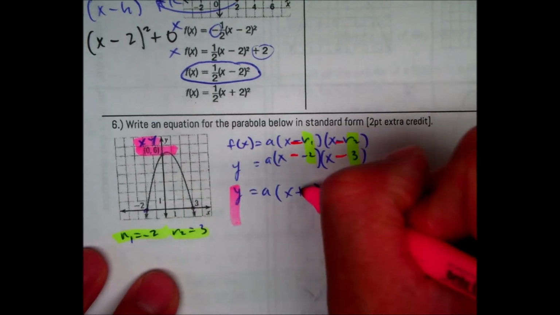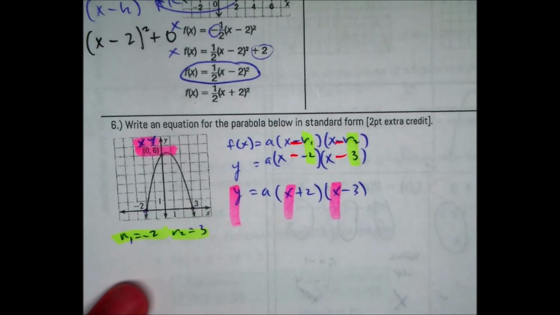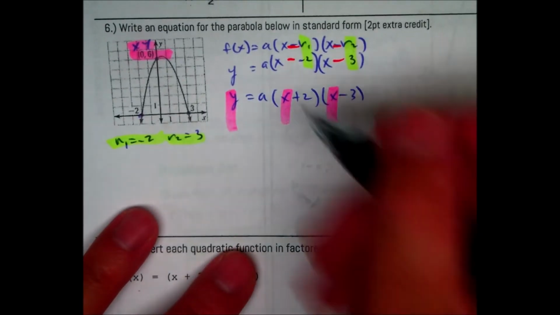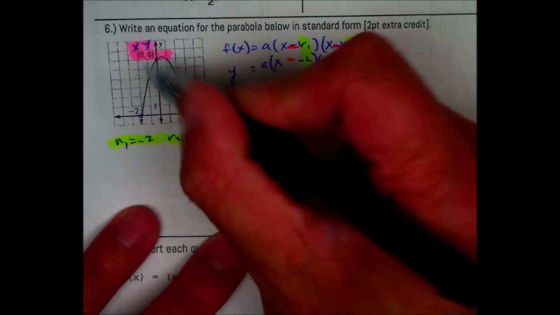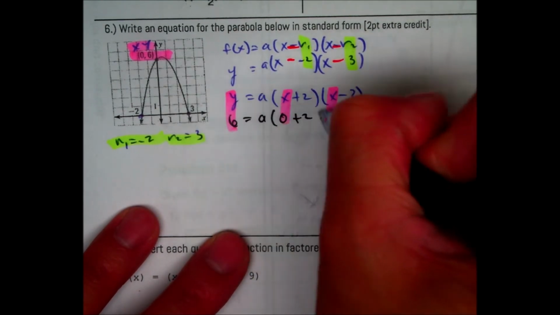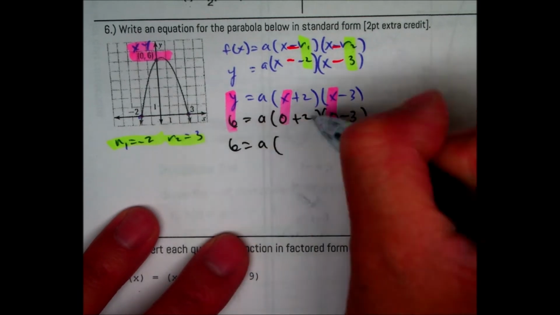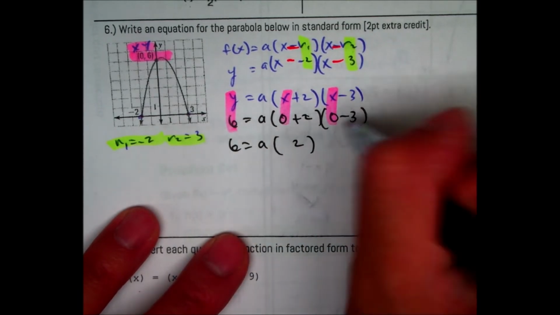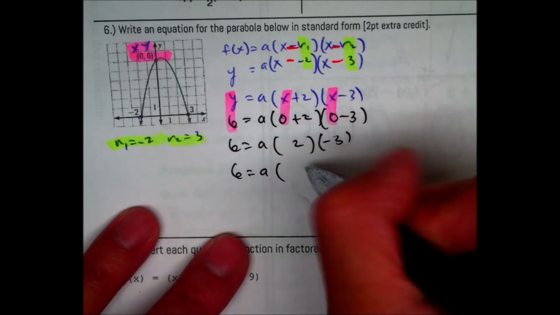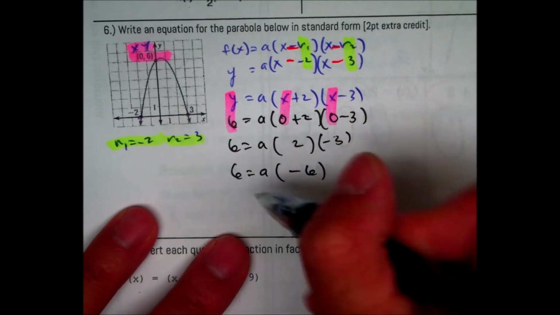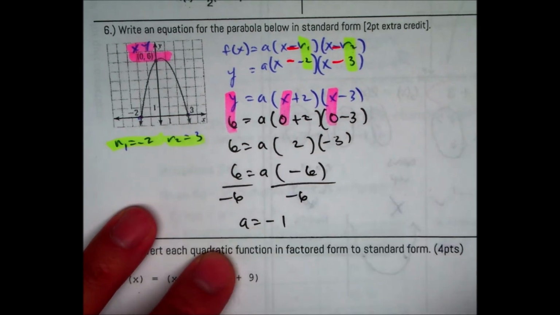So let's change all those. Now I have my y value to be 6. I'm trying to solve for the a value there. 6 equals a times 0 plus 2, 0 minus 3. 0 plus 2 is 2, 0 minus 3 is negative 3, 2 times negative 3 is negative 6. Divide both sides by negative 6, and you get a equals negative 1.